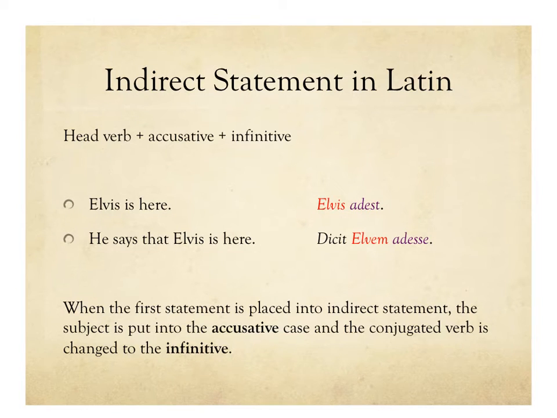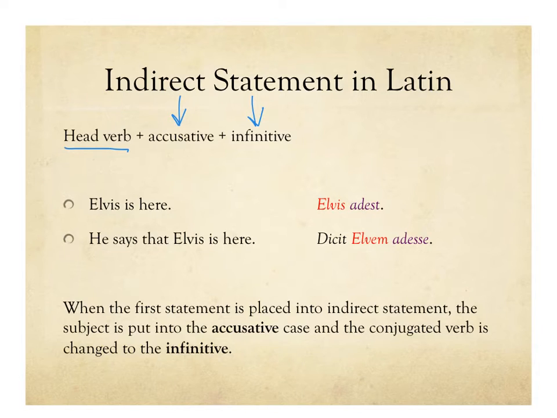In Latin, what Latin does is it takes that same head verb, but then if we look at that original statement, the subject goes into the accusative and the verb goes into the infinitive. So you can see here, if we're translating our sentence, we would say "Elvis adest," right?